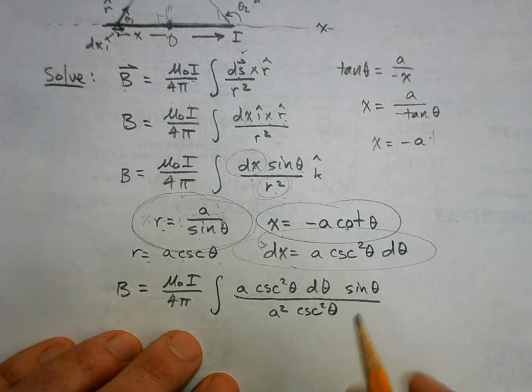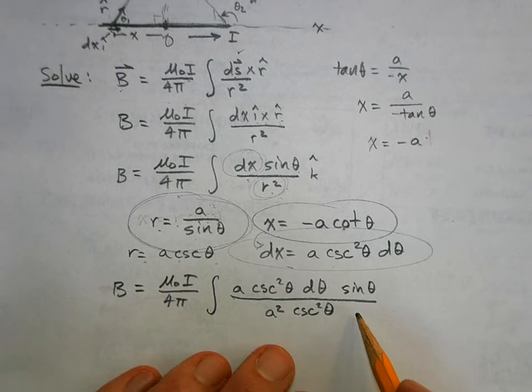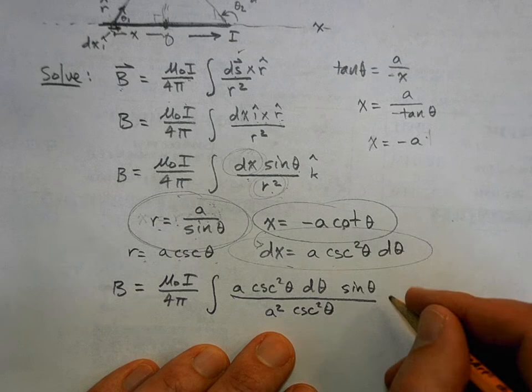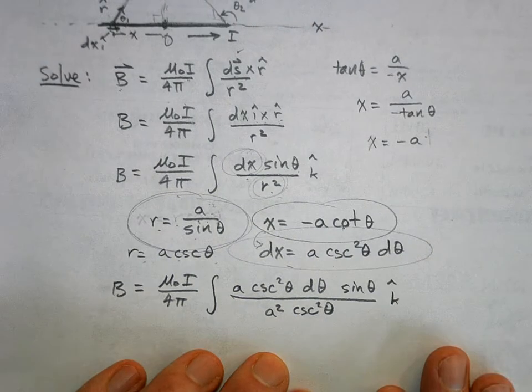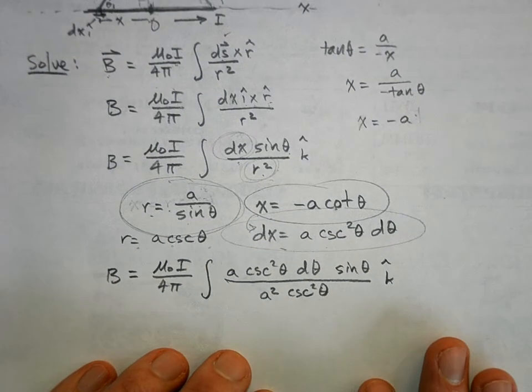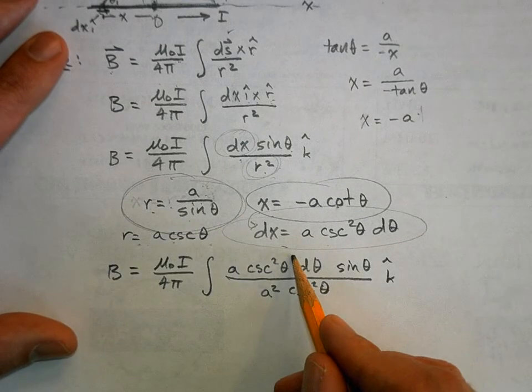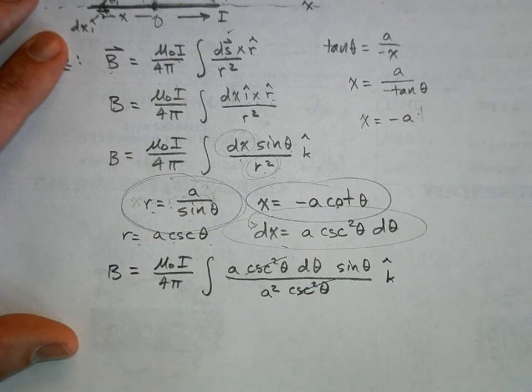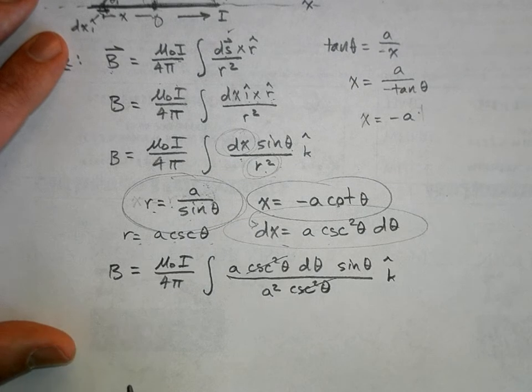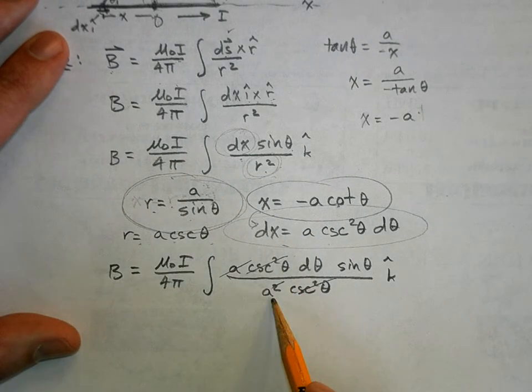I left out the k hat direction. This is very complicated and messy, but look what happens. Woohoo! This cancels that, so we get an a that comes out now.